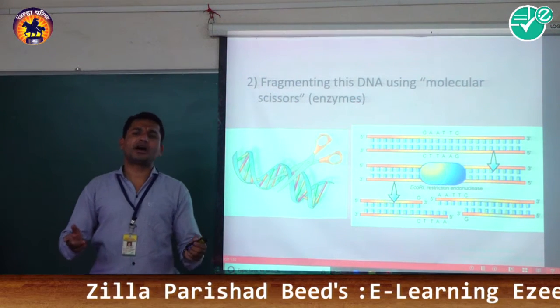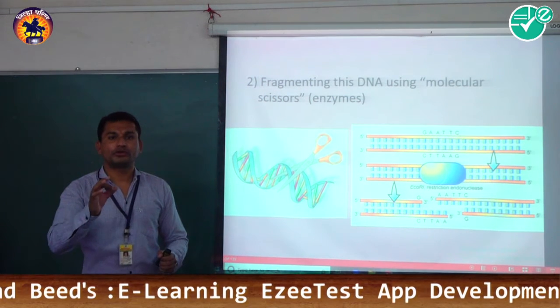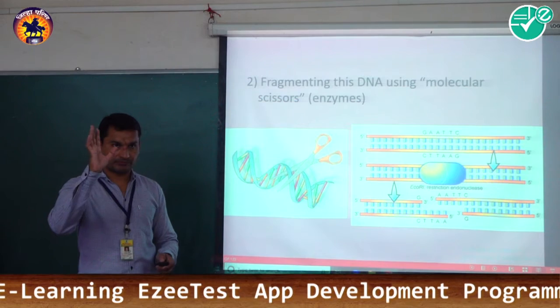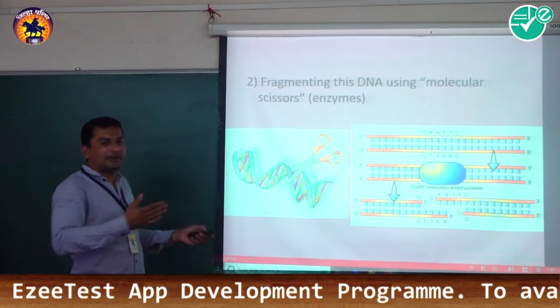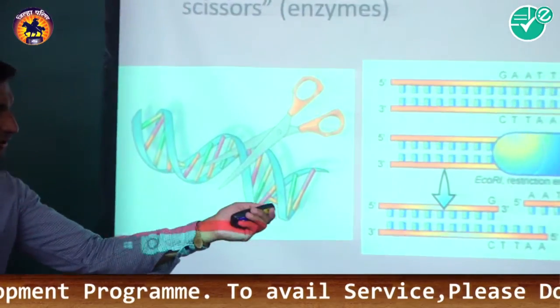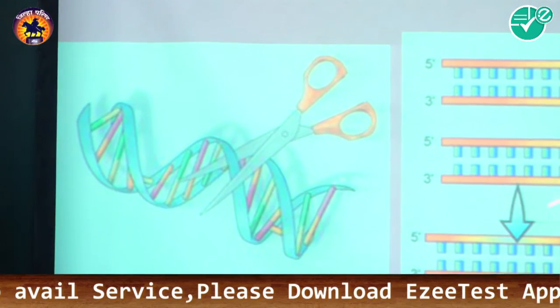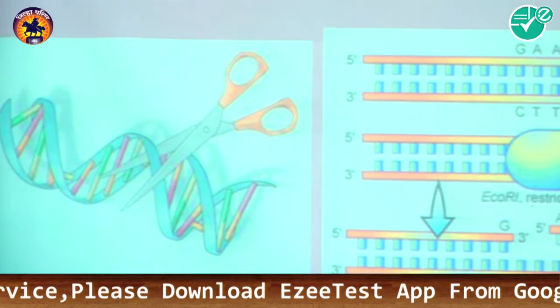These enzymes are mostly restriction endonuclease enzymes. As you can see, this is the one segment, and this is the chemical that helps us cut it into different pieces.